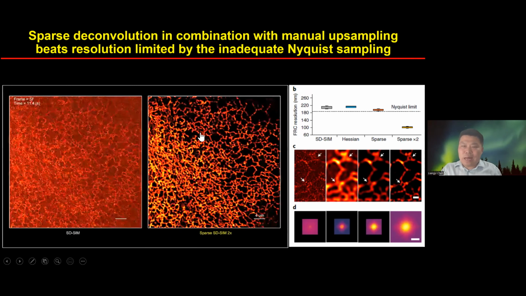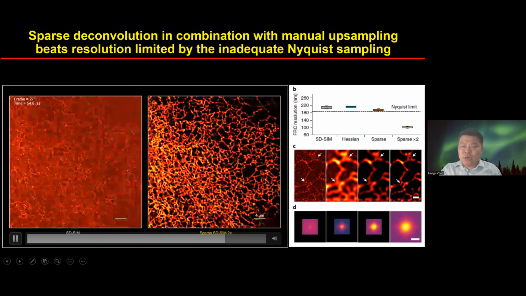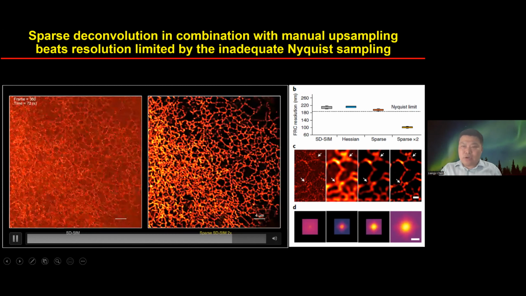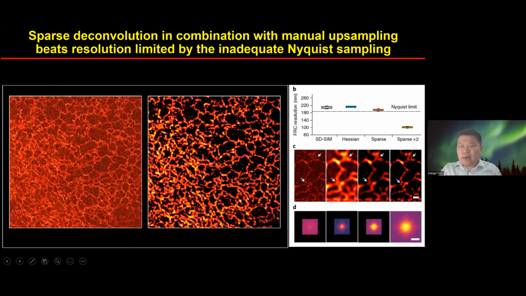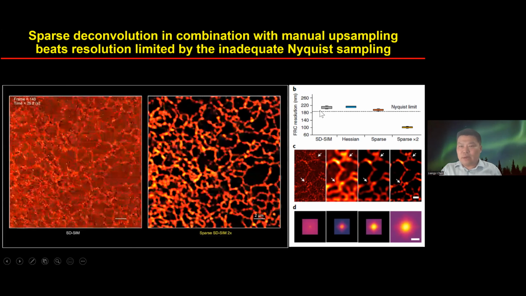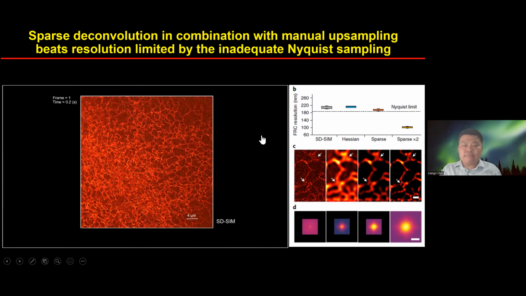However, we can do artificial sampling of the image, and then do sparse deconvolution, and you can indeed see a large increase of the resolution from 180 now to about 100 nanometers.